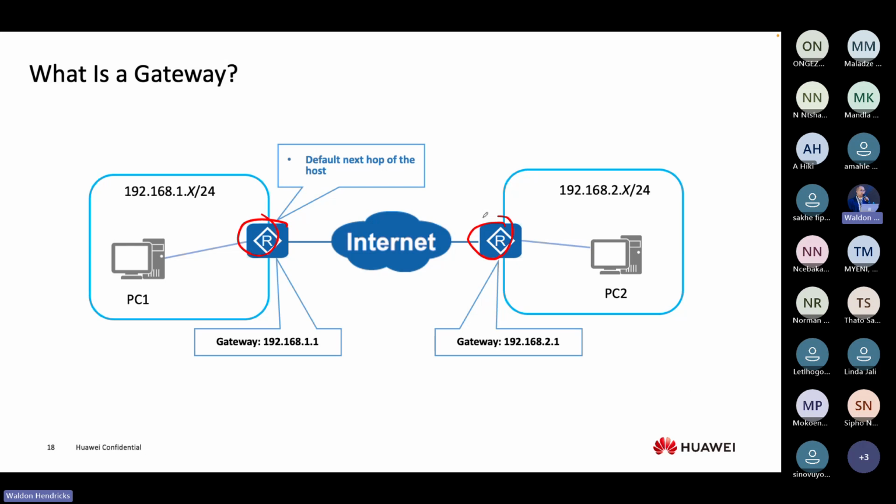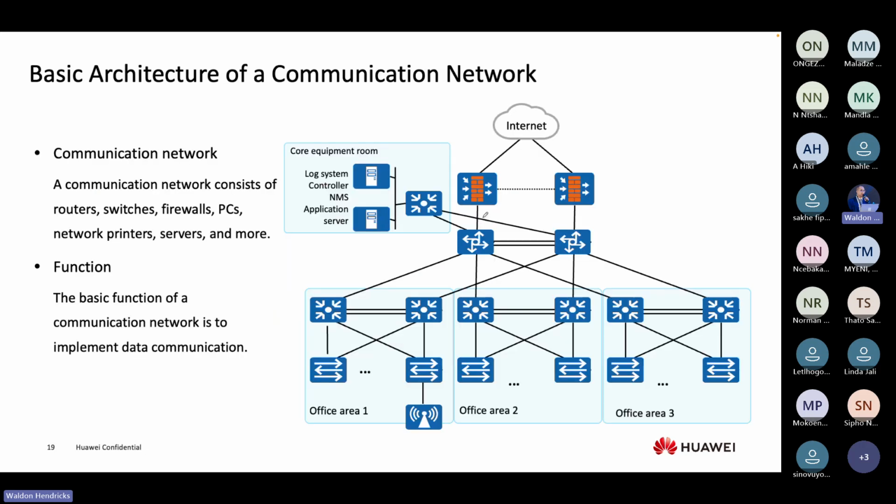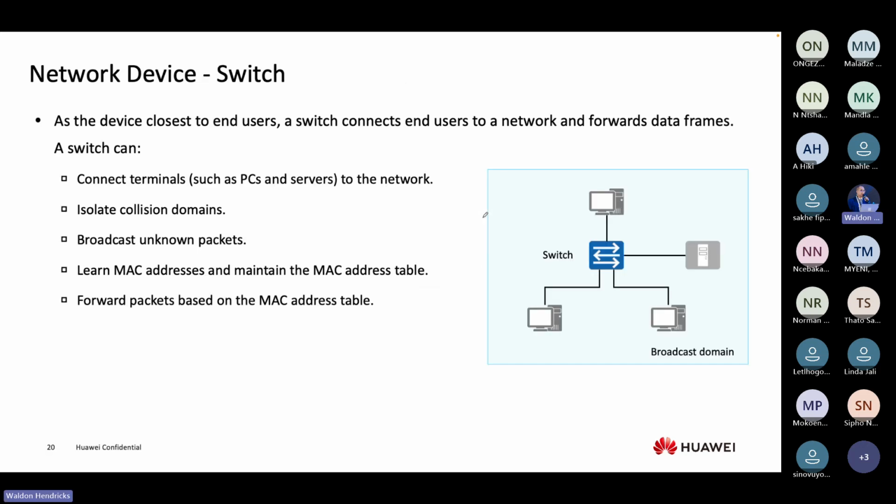That could also be one of the things. So the basic architecture of a computer communication network is a topology there. I'm not going to go through that too much. But you also have to think about the network device system, right? The network device switch and the way it works. It's basically just how you connect devices together. So no routing there, just getting the file and storing the file.